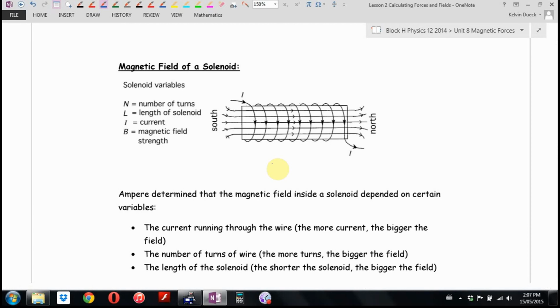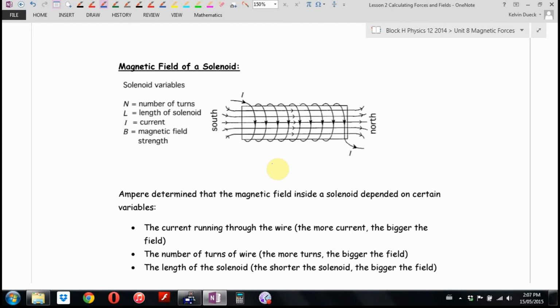He found the more times I wrapped the wire around, the more turns of wire, the stronger the solenoid. So he said, in the equation, the number of turns, I'll use an N. The number of turns of wire, N, is going to be on top, because more turns means bigger. He said, I also found that I could generate a bigger magnetic field by beefing up the current. I is going to be on top as well.